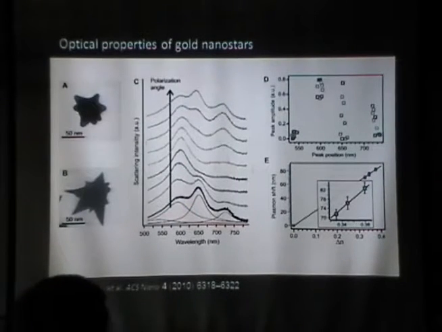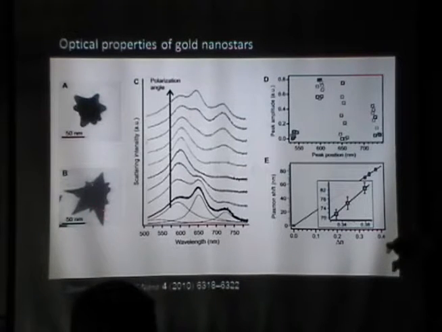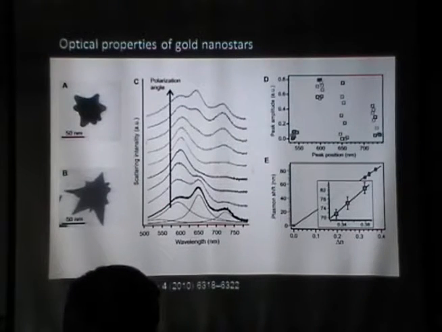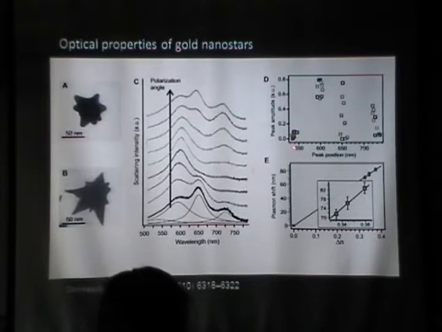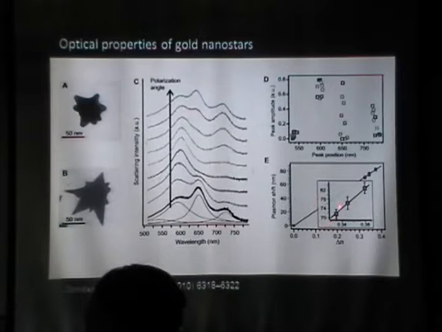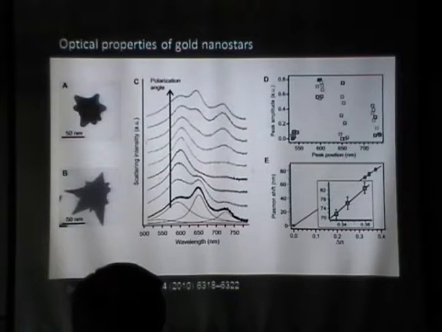If you change the polarization of light, you start making resonance in this direction or there, and they have different sizes, so the resonances are different. Here you see the amplitude of the peaks as a function of the polarization, and here you see the dependence on the environment. We change the refractive index of the environment, and we see the resonances shift.